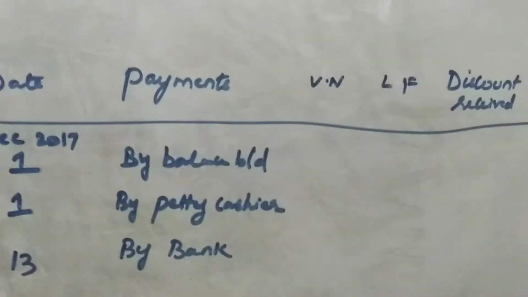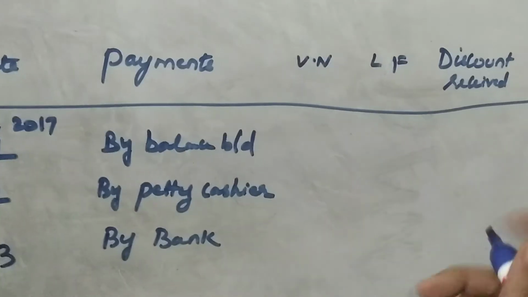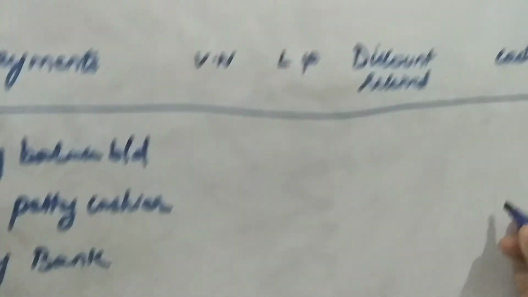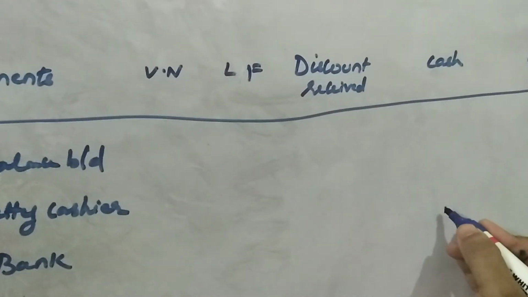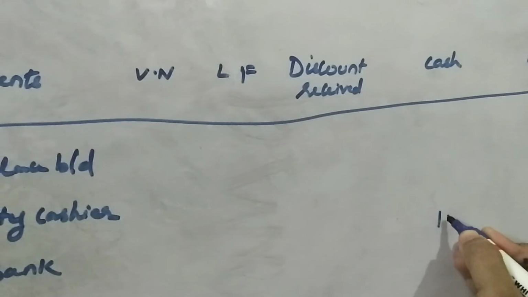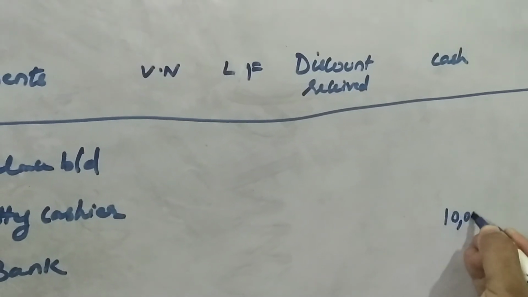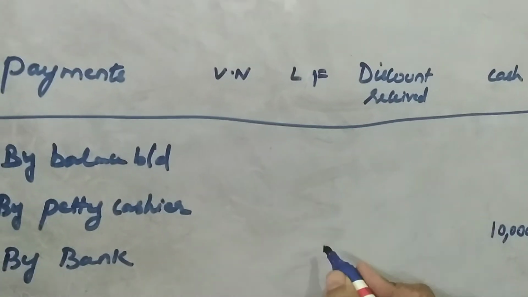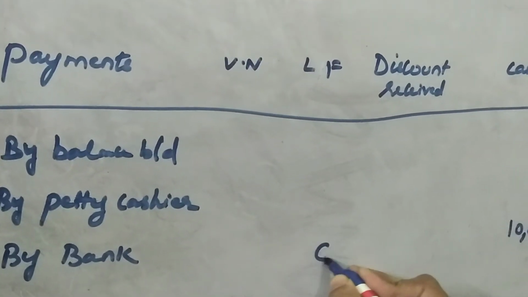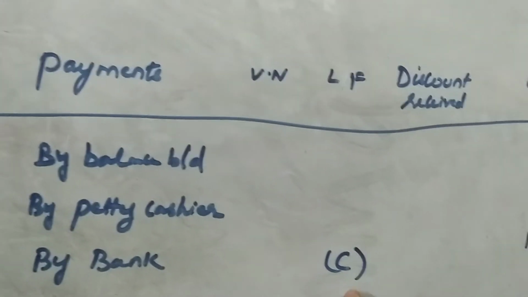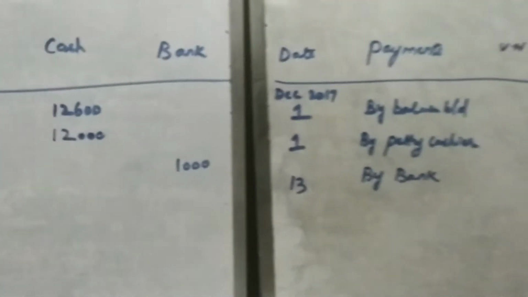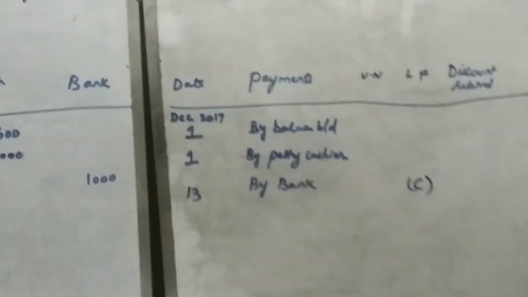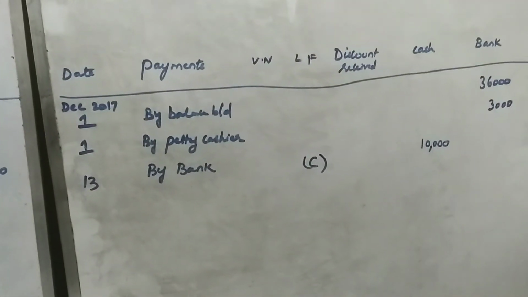So I have written by bank, and in the cash column you have to write 10,000. In the LF column, you mark C. The C stands for contra entry. So now we have written only one part, by bank, and put the amount in the cash column.